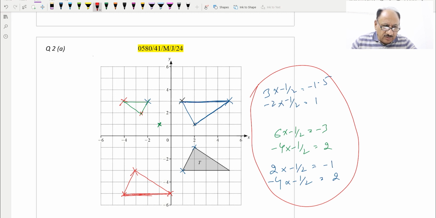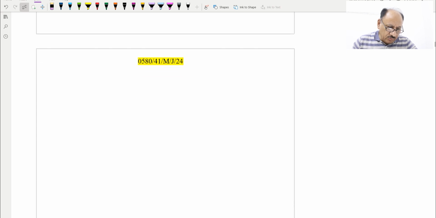Total this was 2 plus 2, 4 plus 1, 5 marks part which we have done. Hopefully you understood this. Now the next part of the same question, which is the B part, we can go through, and the B part says a shape P is enlarged by scale factor 3.